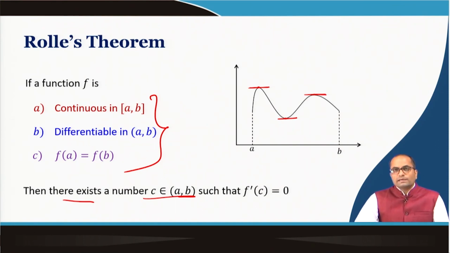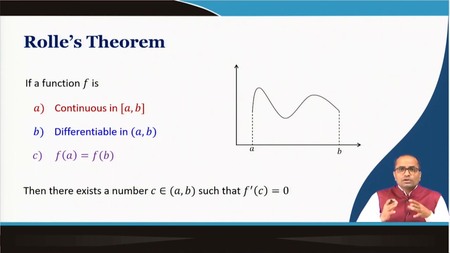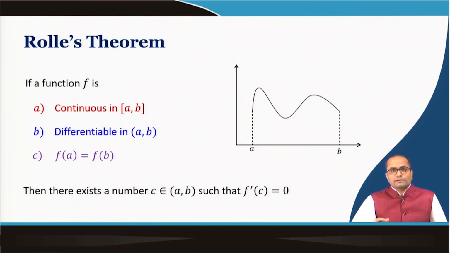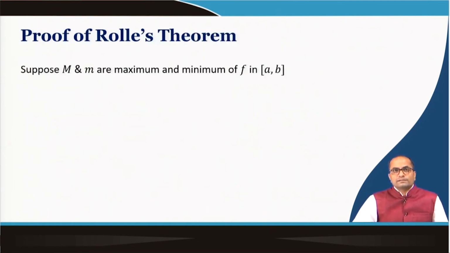So, in this case we can see that there are indeed 3 points where the derivative of the function vanishes or the tangent is parallel to the x axis. So, this is again represented here in the plot. At these 3 points you can see that these tangents are parallel to the x axis.